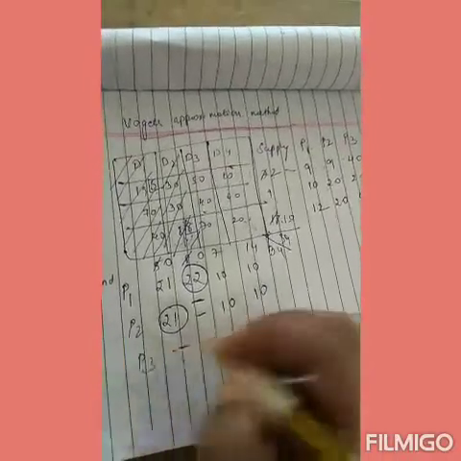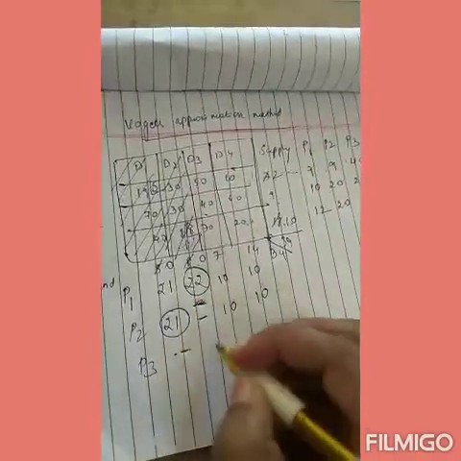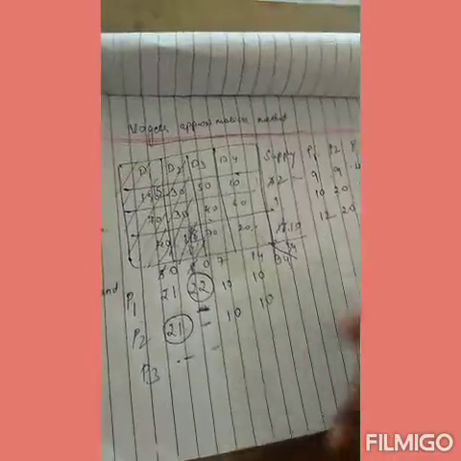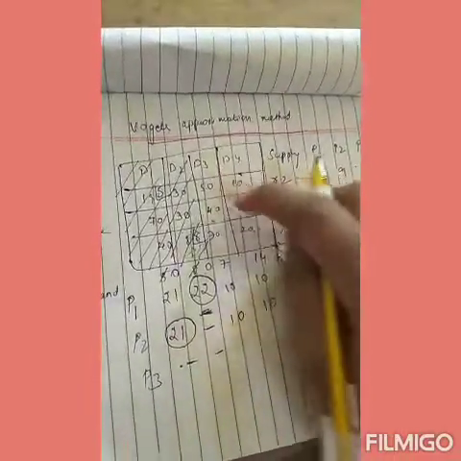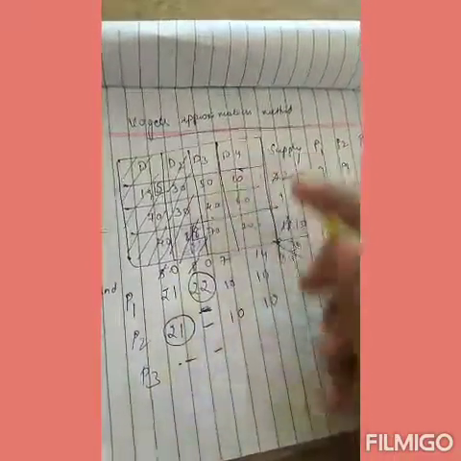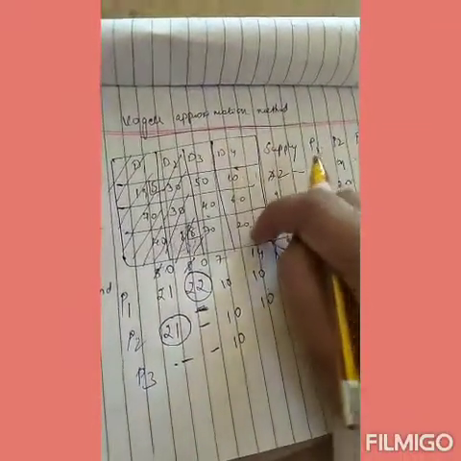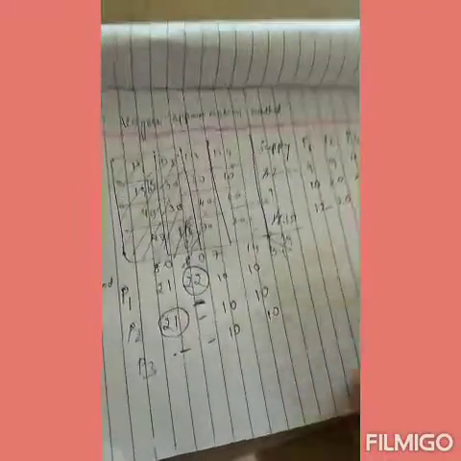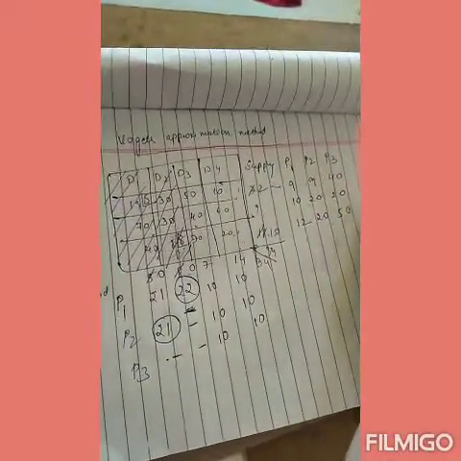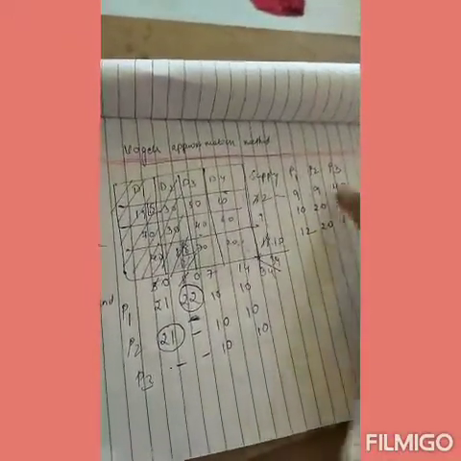This is P3. Remaining: 50 minus 40, 10; 20 minus 10, 10. So the penalties are 40, 20, 50, 10, 10. Which is maximum?